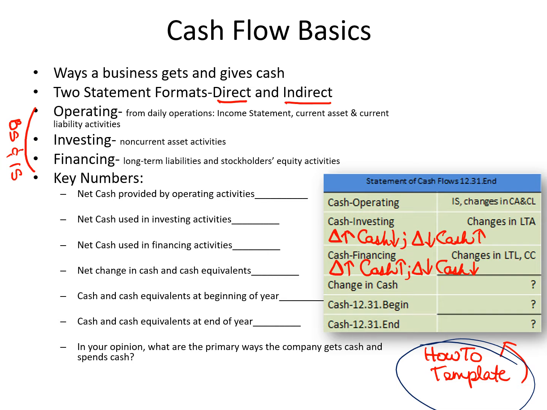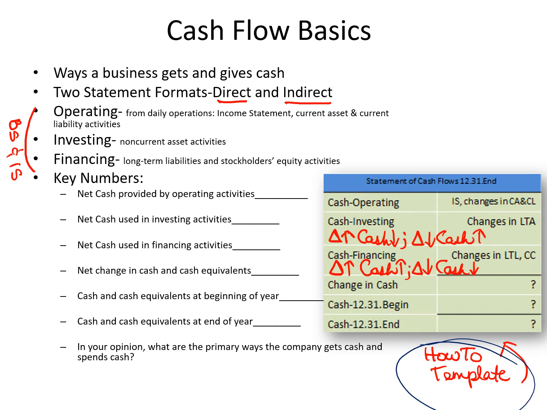And the third activity type is financing, and those are changes in long-term liability accounts and contributed capital accounts. And here, if the change in those accounts is an increase, cash is going up, and if the change is a decrease, cash is going down.